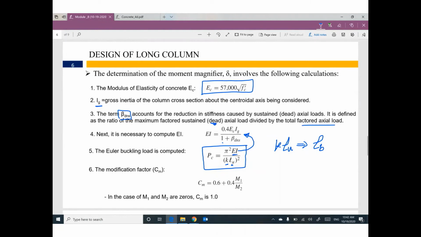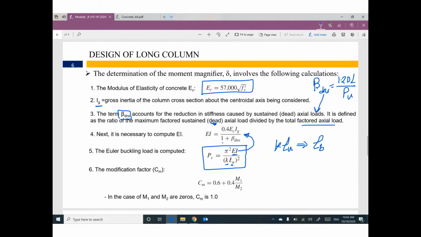This relationship, beta equals 1.2 dead load divided by P ultimate. Okay.